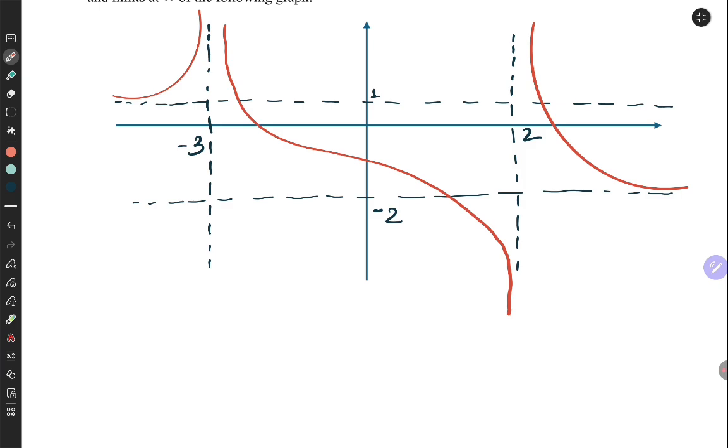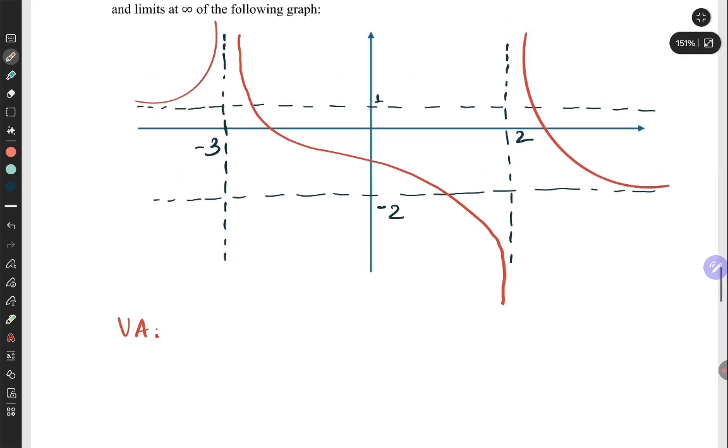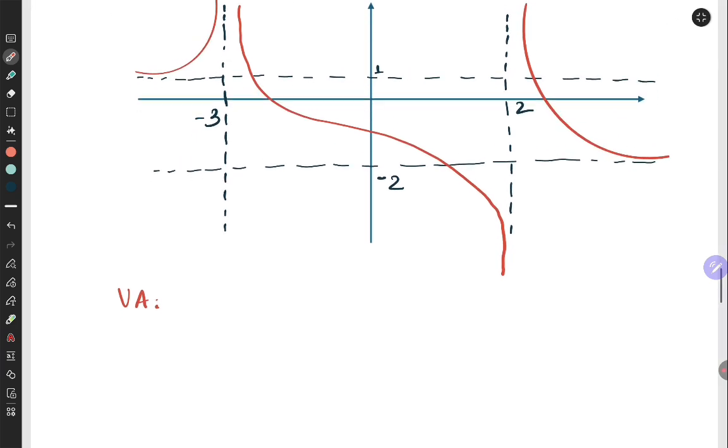Okay. Number 9, remember your group. Where's number 9? Okay, yeah. Number 9. What's the asymptote?